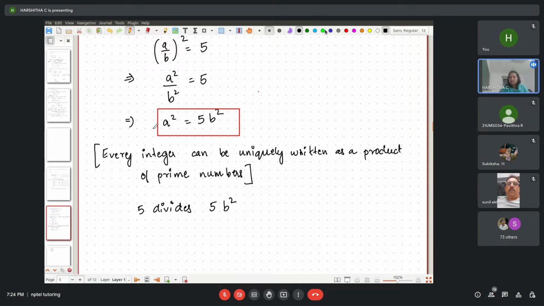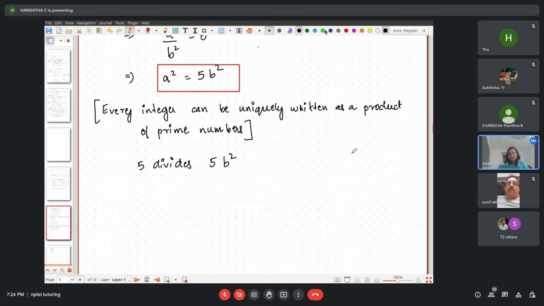So your 5 also has to divide your a square. I mean, if you have two numbers m equal to n and your 5 divides n, then 5 also divides m. So that is how. So 5 divides a square.